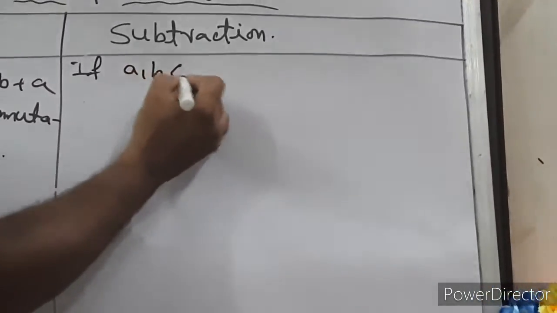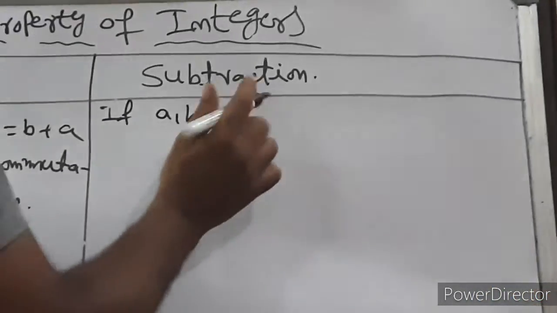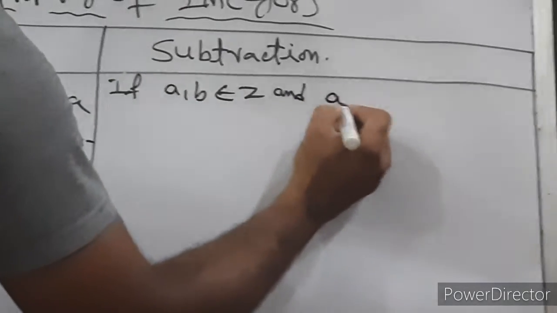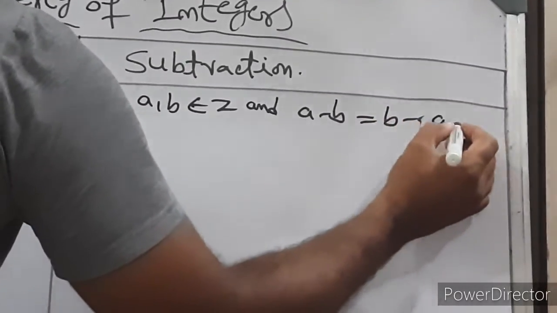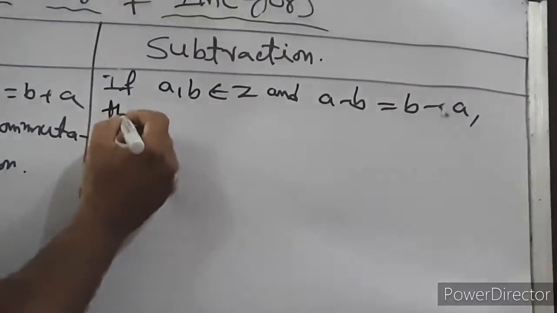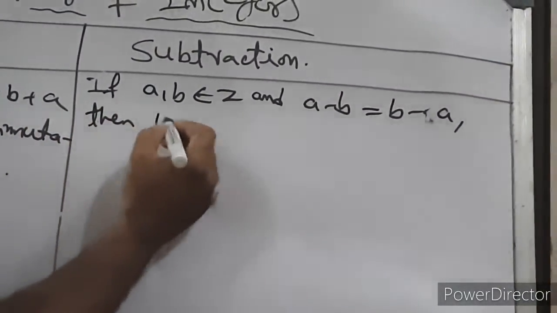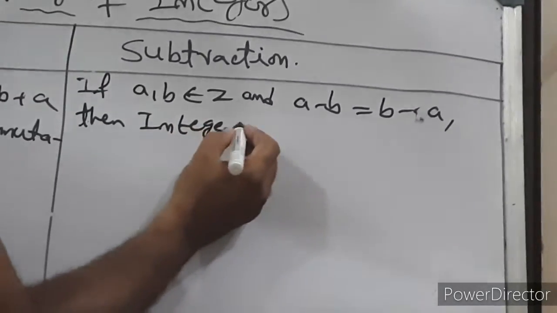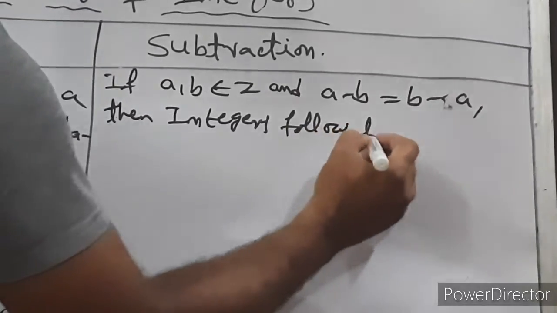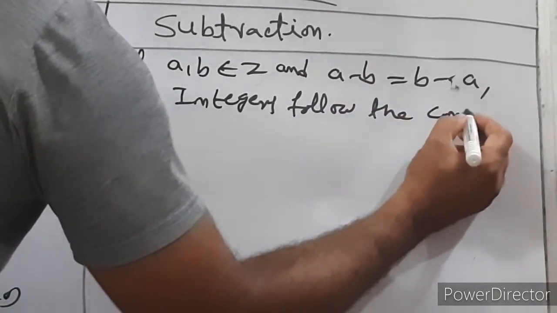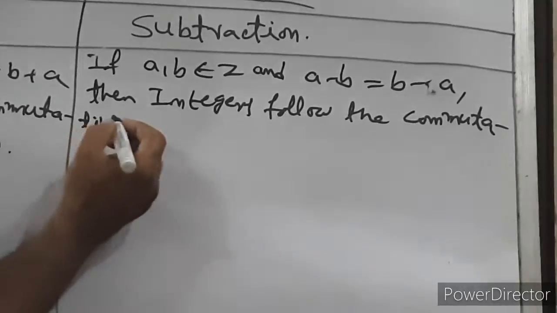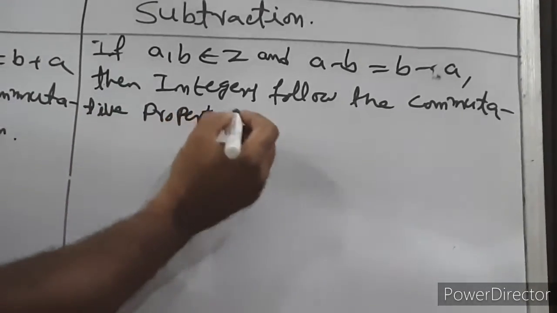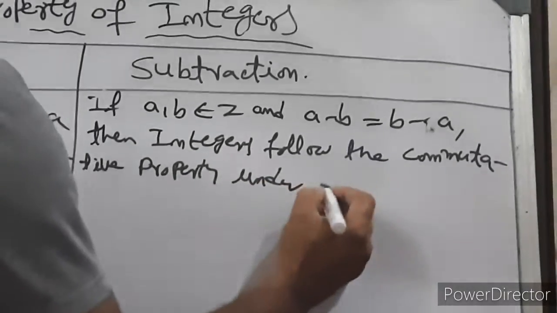Here also, if a, b belong to Z and a minus b is equal to b minus a, then integers follow the commutative property under subtraction.